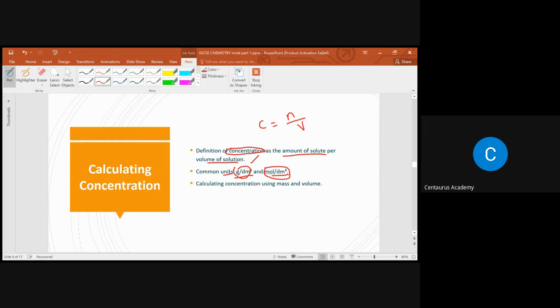This unit says mass divided by decimeter cube, which means mass upon volume. Similarly, here it is moles per decimeter cube, which means moles upon volume. So concentration is C is equal to n upon V, or you can rearrange it according to whatever is asked in the question paper. For instance, if the number of moles is asked, then what are you going to do? You will multiply concentration times volume. Okay.